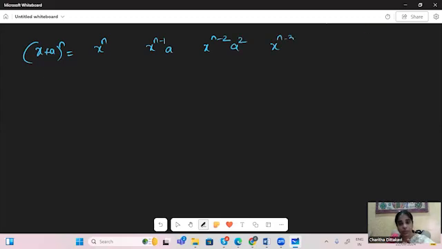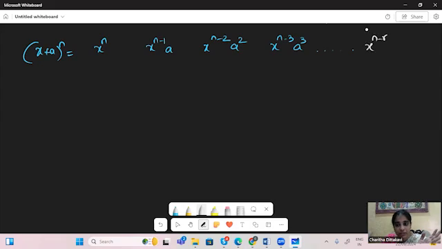Similarly x to the power n minus 3, a to the power 3, and so on. Keep writing. Another general term is what we will write. Some rth term, I don't know what that term is, some rth term. That will have x to the power n minus r, a to the power r, and so on. Finally, what do you end up with? x has no power there, and a to the power n will be there.